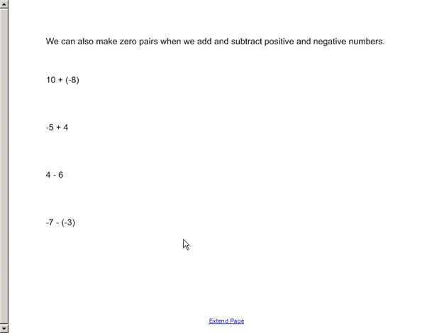We've also talked about zero pairs when we add or subtract numbers. So when I've got 10 plus a negative 8, I can take my pen and I can make 10 plus signs. 1, 2, 3, 4, 5, 6, 7, 8, 9, 10 plus signs. And I can add to that 8 minus signs.